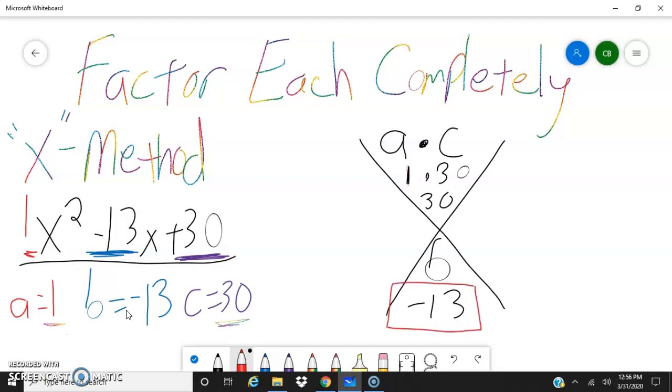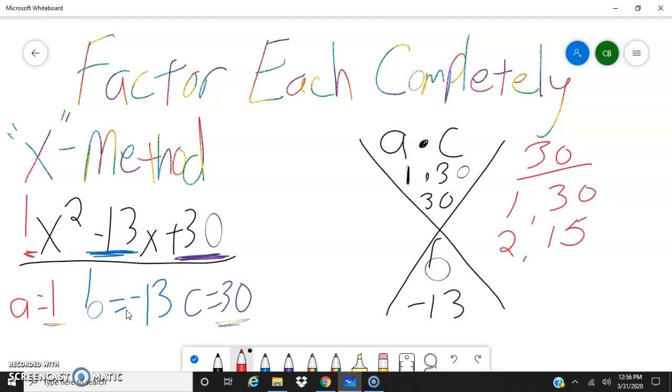First, we need to list those factors of 30. Let's start with 1 and 30, 2 and 15, 3 and 10. That one would work, but let's finish it off though.